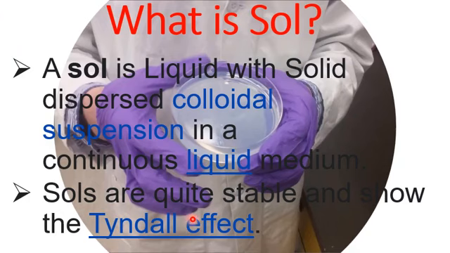Just for simplicity, a sol generally has a liquid medium, and in this liquid medium solid colloidal suspensions are dispersed. These solid colloidal suspensions follow the Tyndall effect, or the effect of scattering of light, and they can easily be visible.